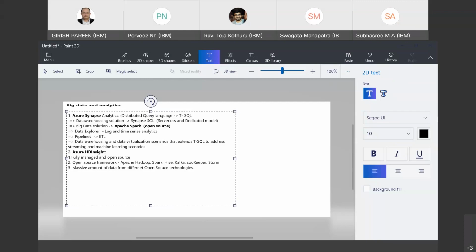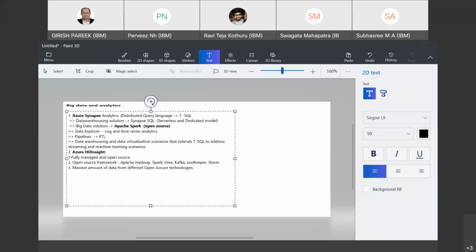Then from the data factory it goes to the data lake storage. From data lake storage, it processes the data in Hadoop or by using Spark within the framework of HDInsight. So you are processing data from different sources.